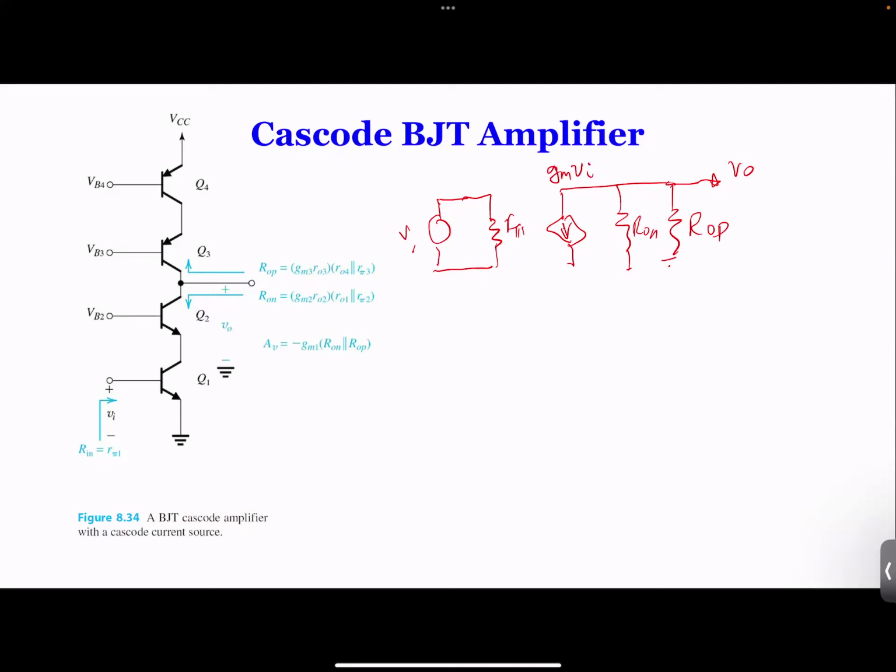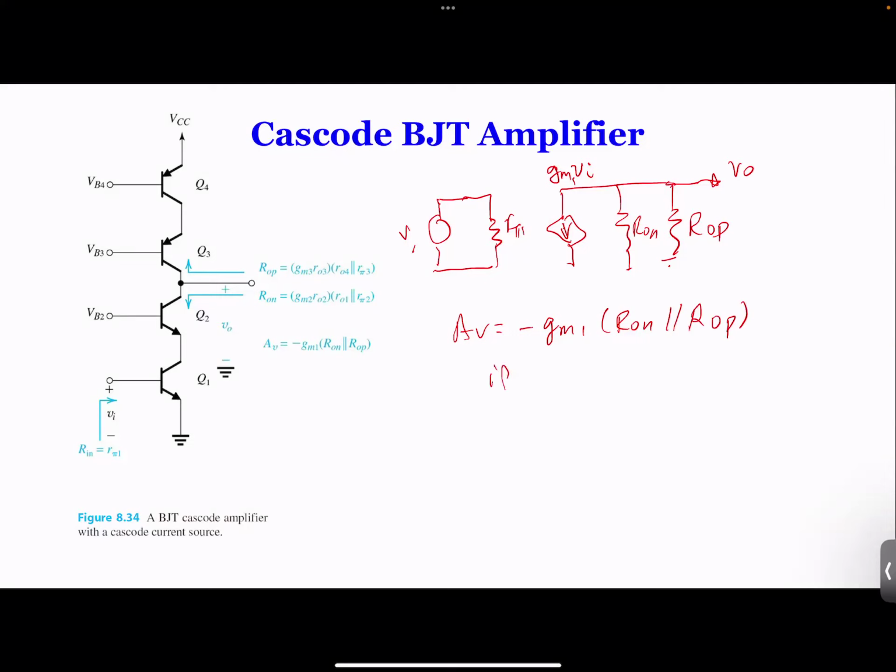So for this example, your AV is going to be minus GM1 times RON in parallel with ROP, which is exactly identical to the equation you get for a MOSFET.